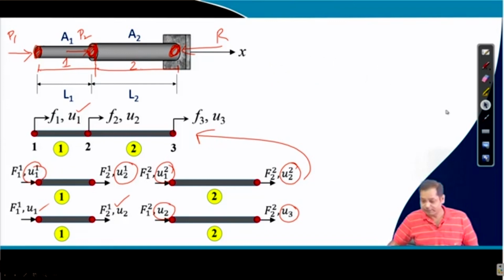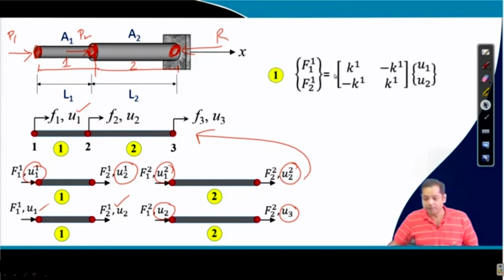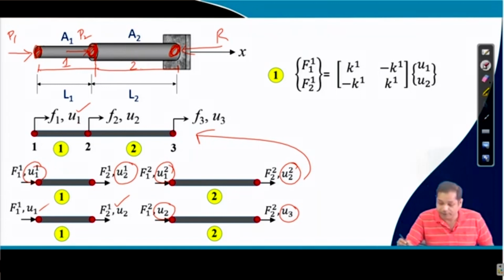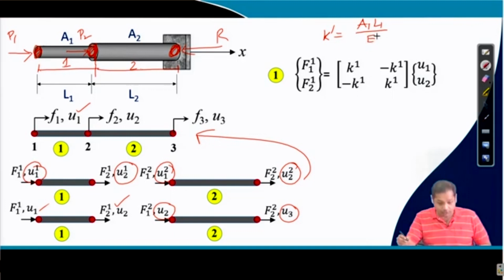Now we know that for element number 1, forces and displacements are related like this, and K1 is the stiffness. The expression of K1 will be A1 E1 by L1.